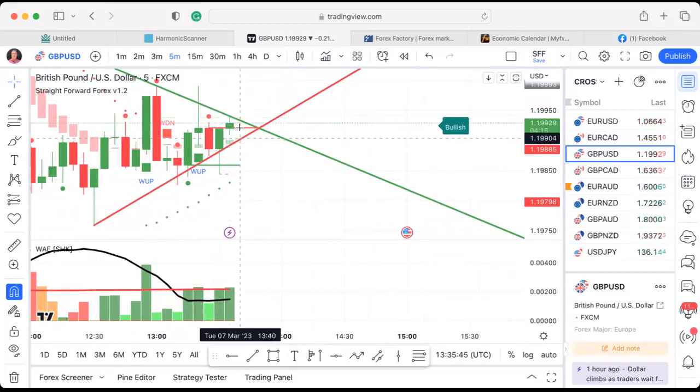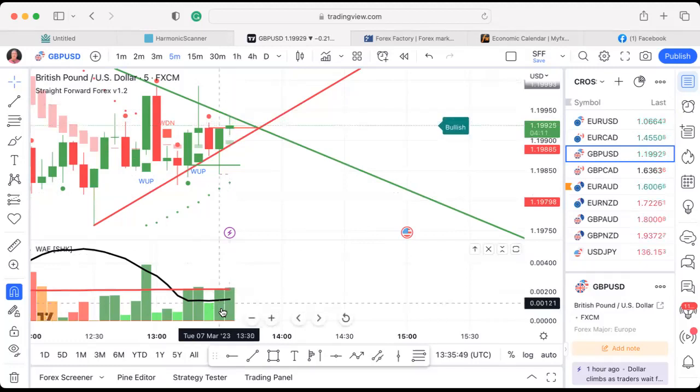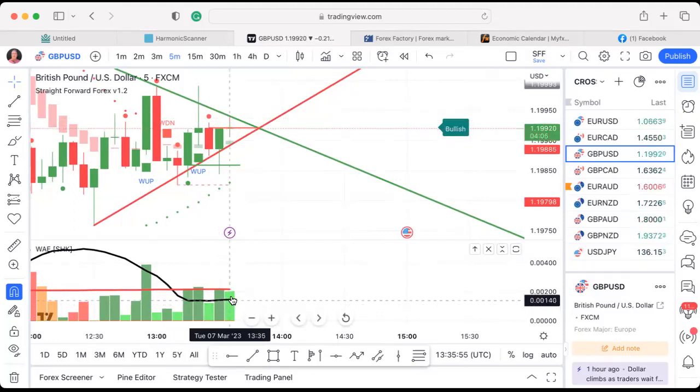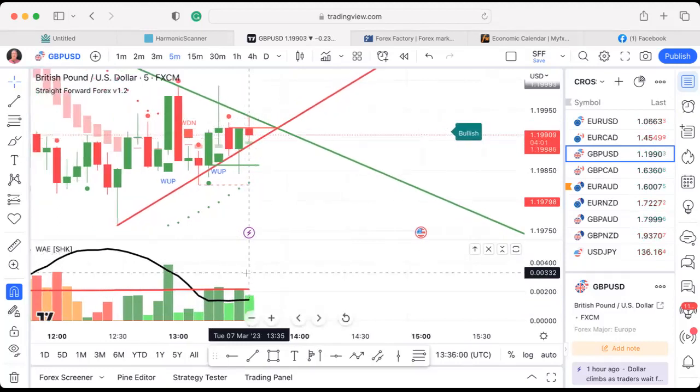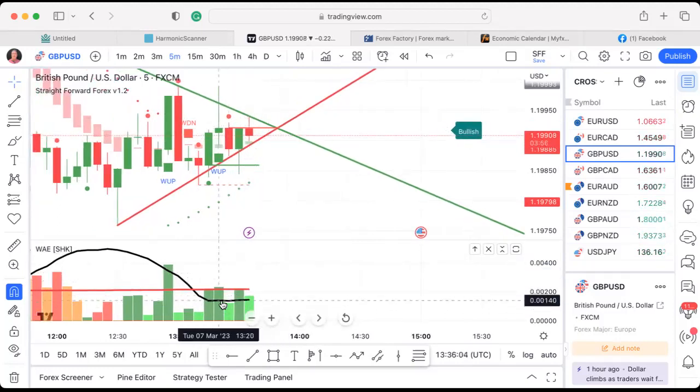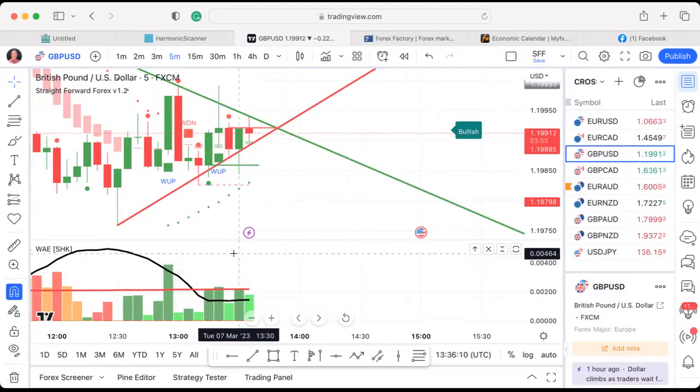It looks as if it might be trying to get above the green line. The Waddah Attar, there's not a lot of volume. We need this histogram to come above the dead zone. We need that explosion to come above the red line.